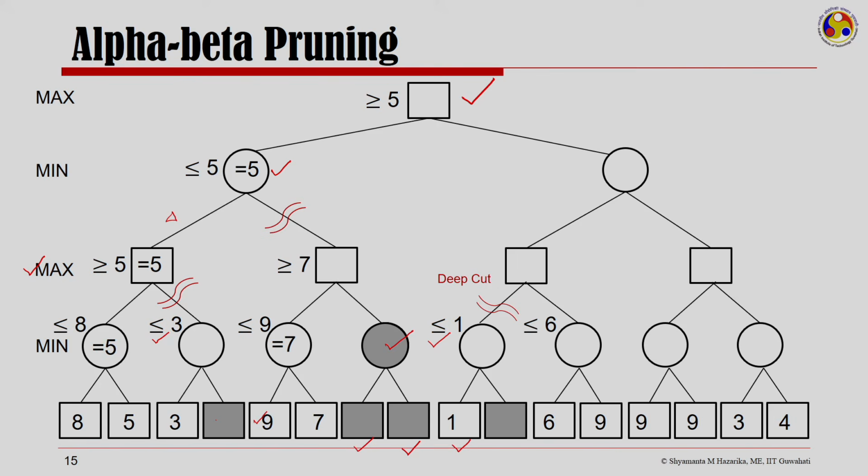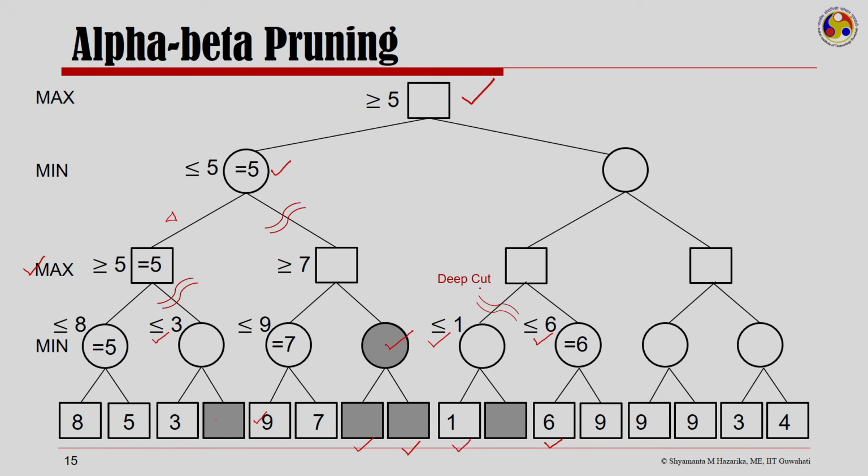Taking the discussion forward, if you now focus on 6 here, the min is guaranteed to have less than or equal to 6. The next node is 9, but this is not going to satisfy this upper bound that our min has put. So, all I have is 6 here.